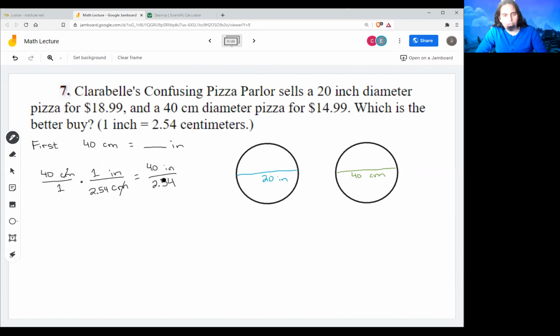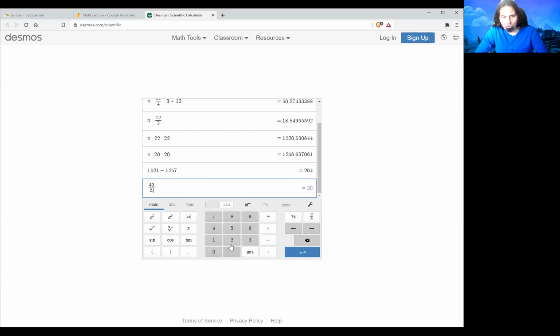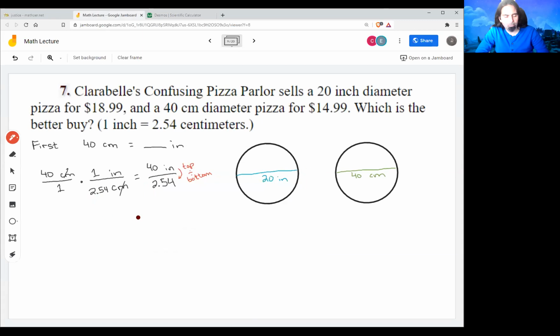And so it tells us, oh, you're supposed to divide, because our last step of unit analysis is always top divided by bottom. That's how we turn fractions into decimals. So 40 divided by 2.54 gives me 15.748.